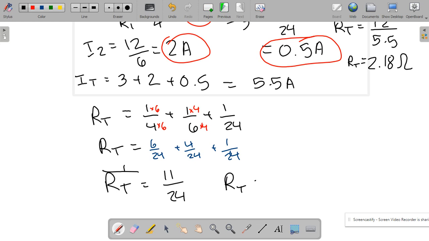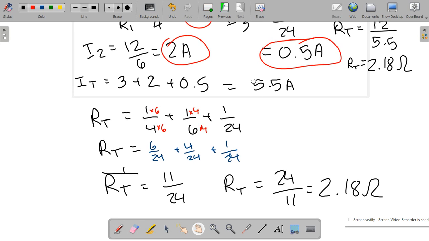RT then equals 24 over 11, which I will double check. You get the exact same answer. You can confirm that on your own calculator if you wish. You get 2.18 ohms.